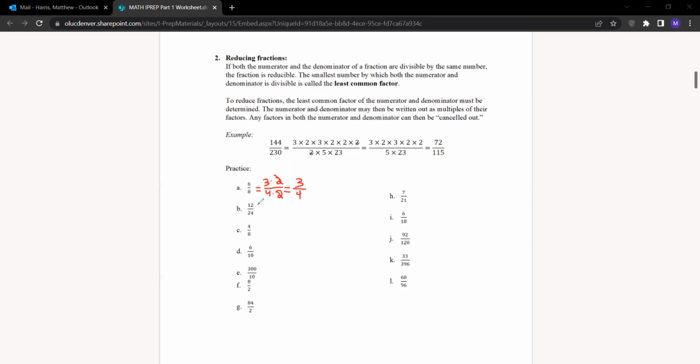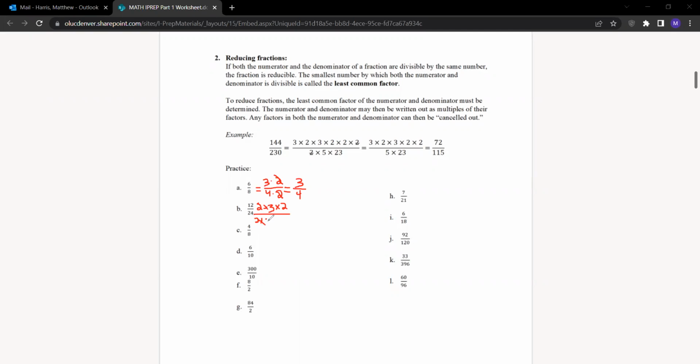Next, we have 12/24. So this is going to be what? 2 times 6. You know, 6 is going to be 3 times 2. On the bottom, 24, so we have 2 times 12.